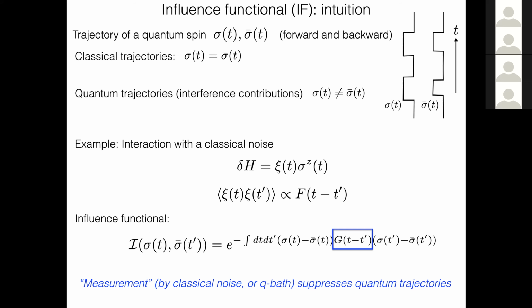Somehow I don't have a way of pointing, but I hope you can follow. What you see here is that if sigma is equal to sigma bar, you don't pay anything, and the influence functional is 1. But if they're different, there is a suppression. Essentially the idea is that when the bath measures you in some sense, could be a classical bath or a quantum bath, this suppresses interference contributions. So that's the physics we are after.